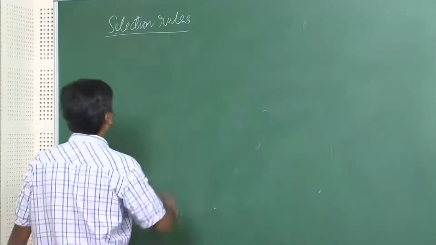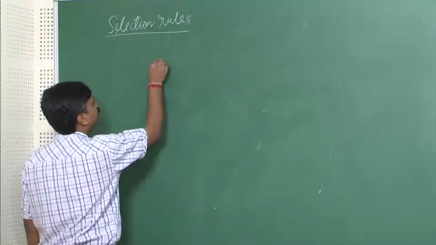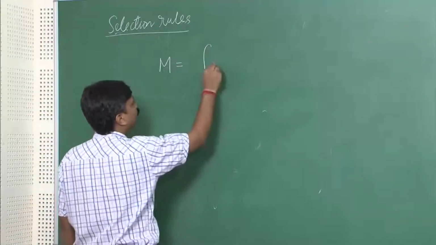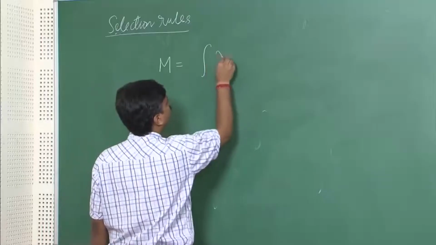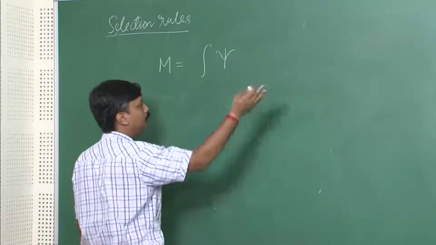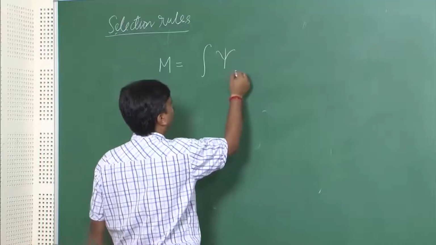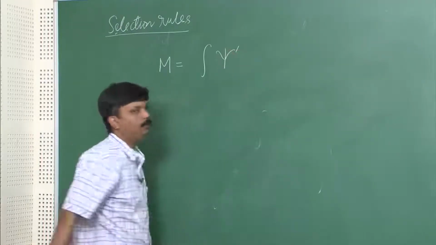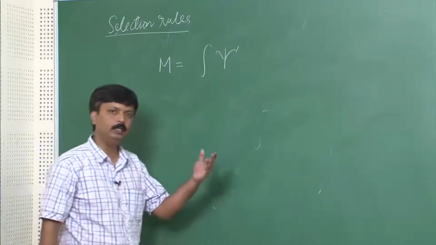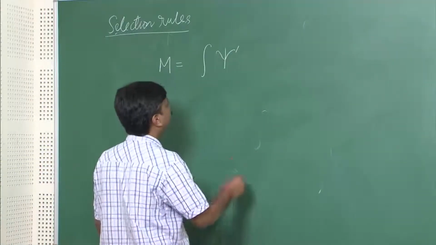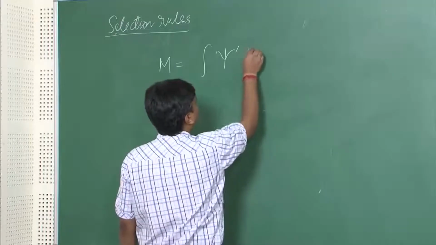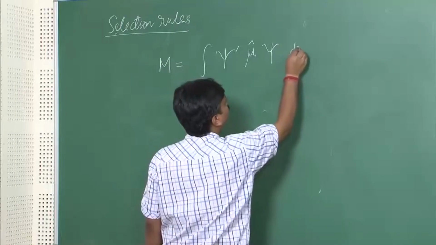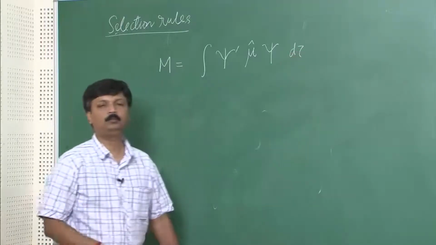So if I say the transition moment integral, for any electronic state overall, and say I write psi prime for the excited state and psi as the ground electronic state, then this is my transition moment.